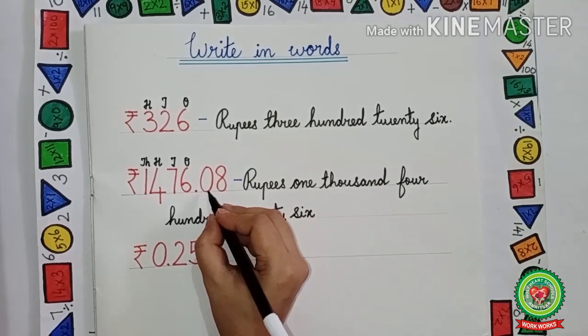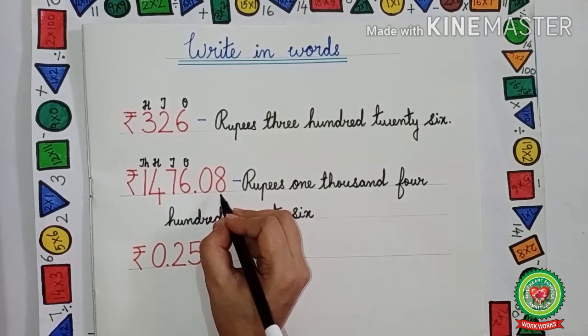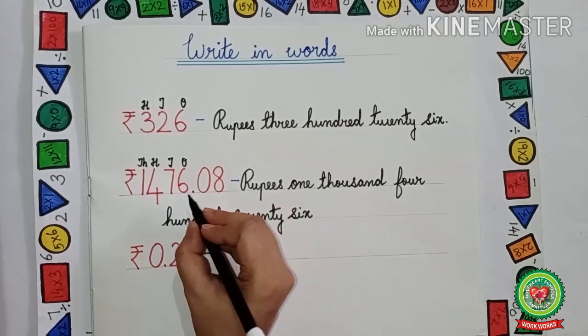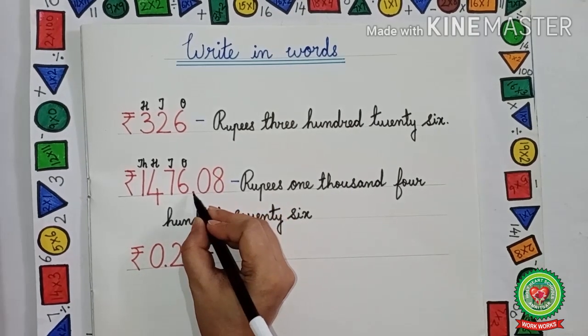Now see what is left. 08 is left. That is the paise because it is at the right side of the point.